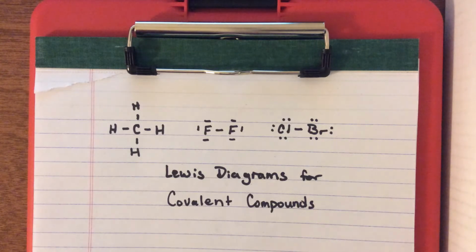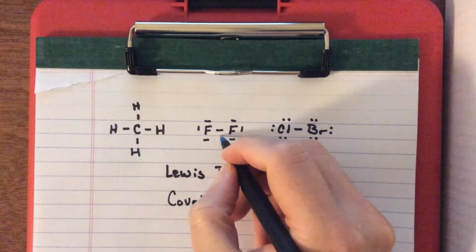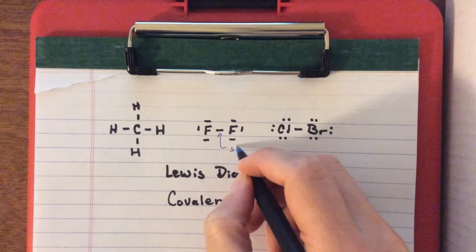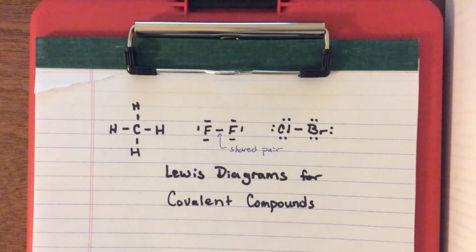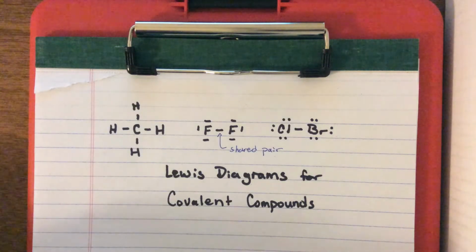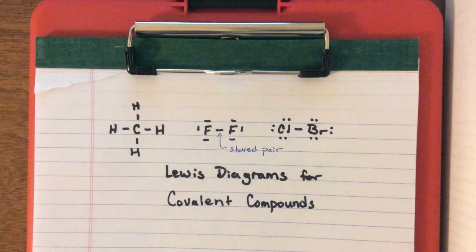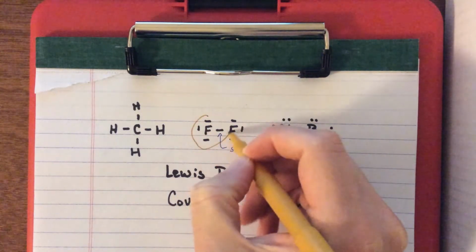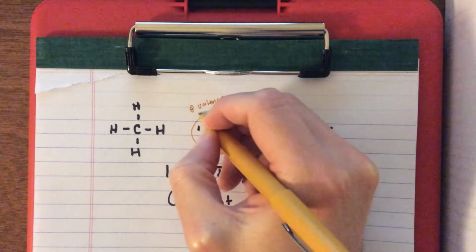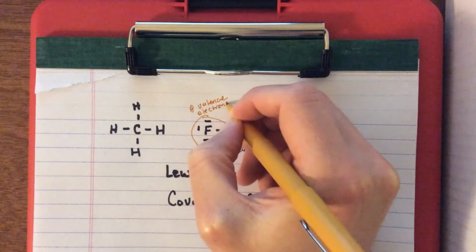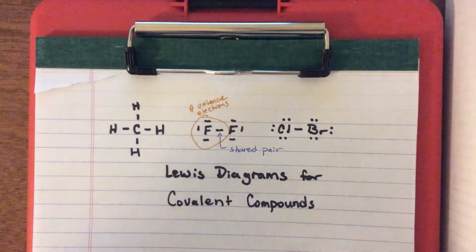So these shared pairs, or sometimes called bonding pairs, count towards the octet of both atoms that they are shared between. So if we were looking at the fluorine atom on the left side of this molecule, it would have these 8 valence electrons, counting both of the electrons in the pair that it is sharing with its neighbor.